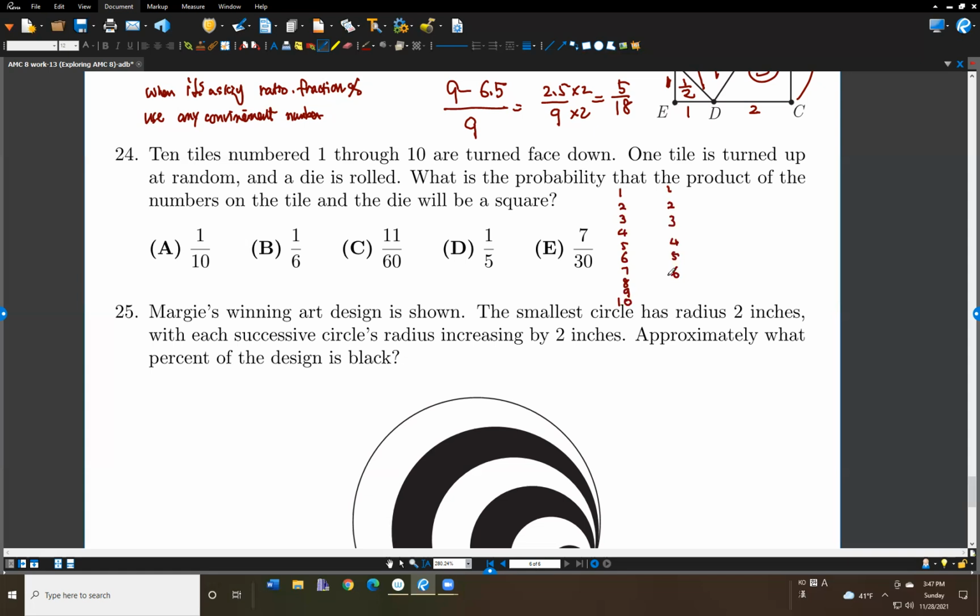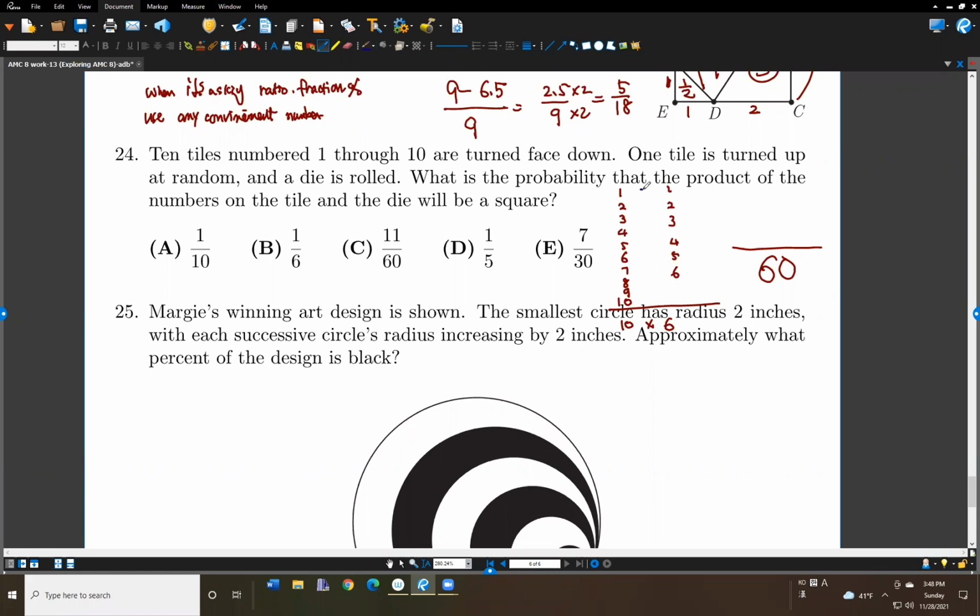All right. So products: 1 times 1, 1 times 2, 2 times 1. So the products should be, with the 10 numbers over here, instead of 6 numbers, there will be 60 product numbers. Out of these 60 product numbers, which products are squares? You have to find out.